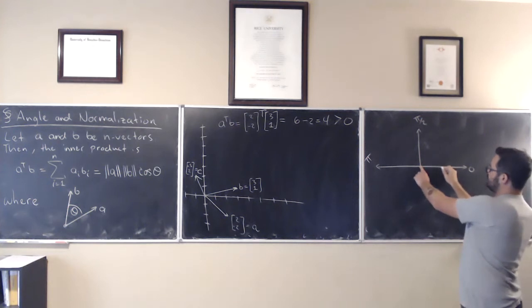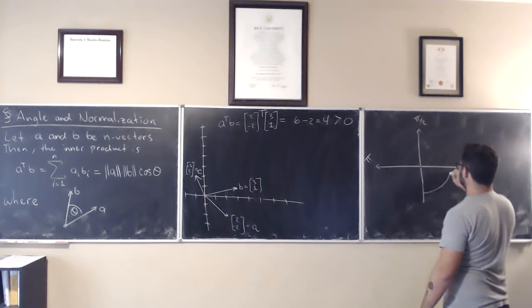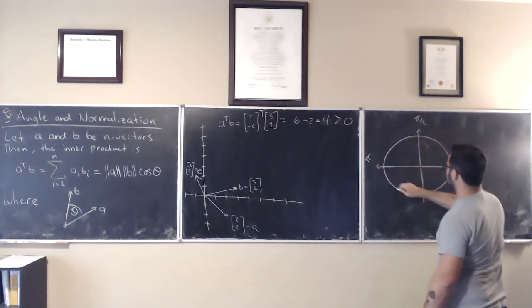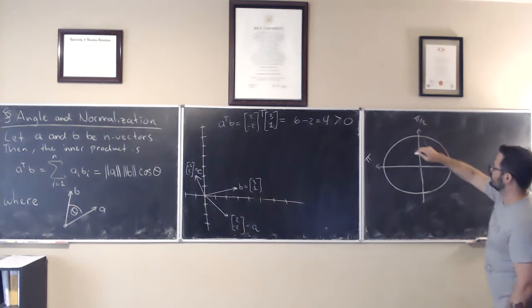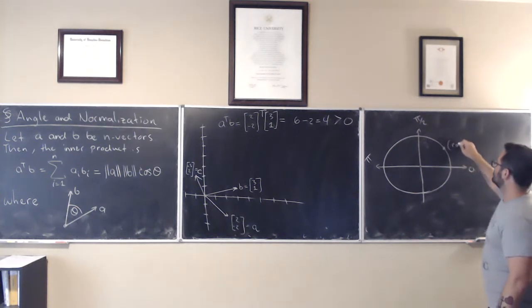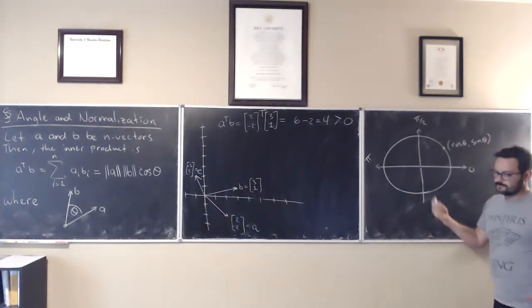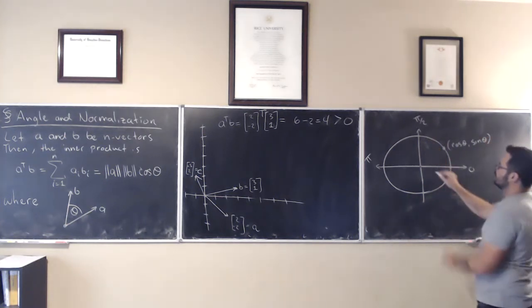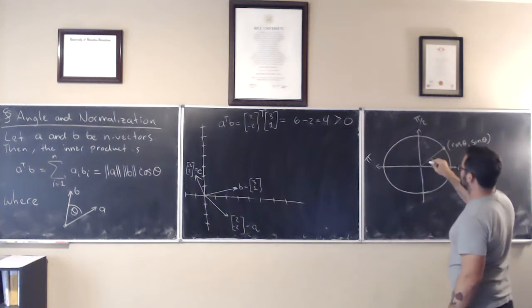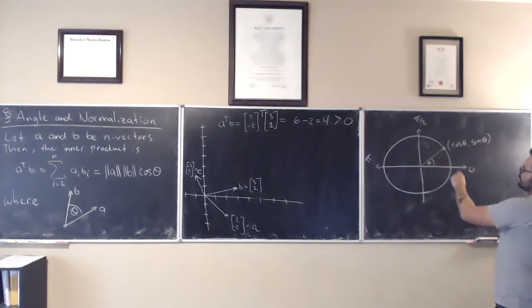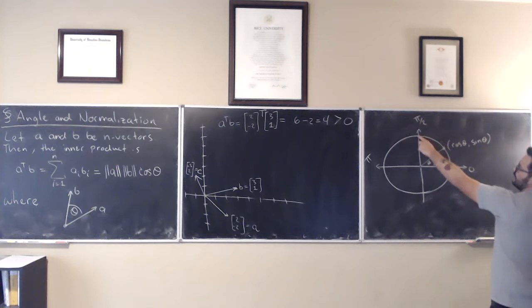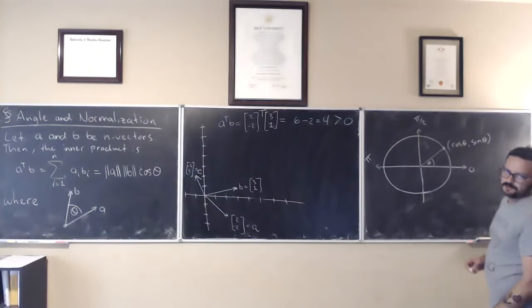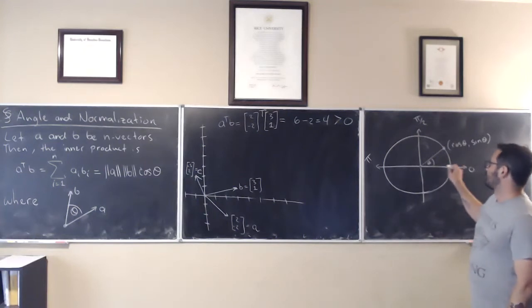So if we draw up a unit circle, any point on this unit circle is given by cosine theta, sine theta, just so you remember that. So any point on here where that's the angle, theta, right? So notice that the x coordinates on part of the circle over here between 0 and pi over 2 are going to be positive, right?